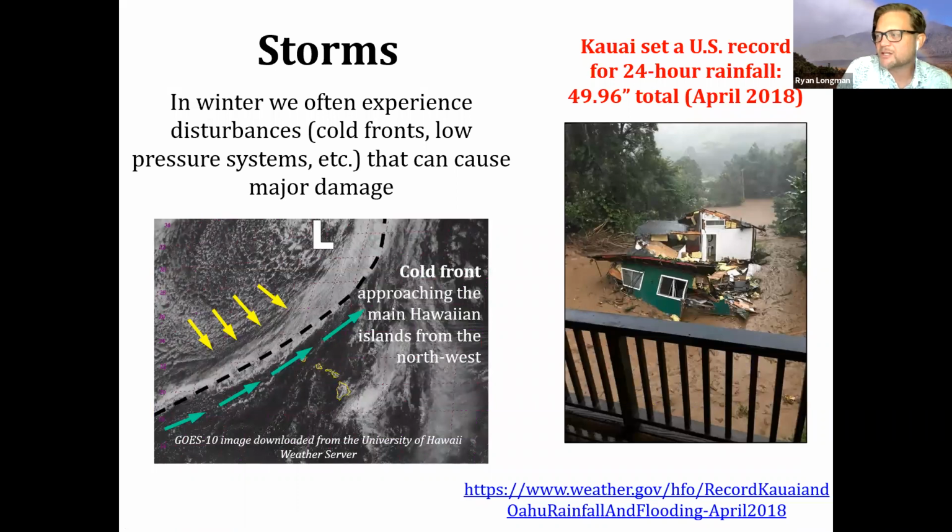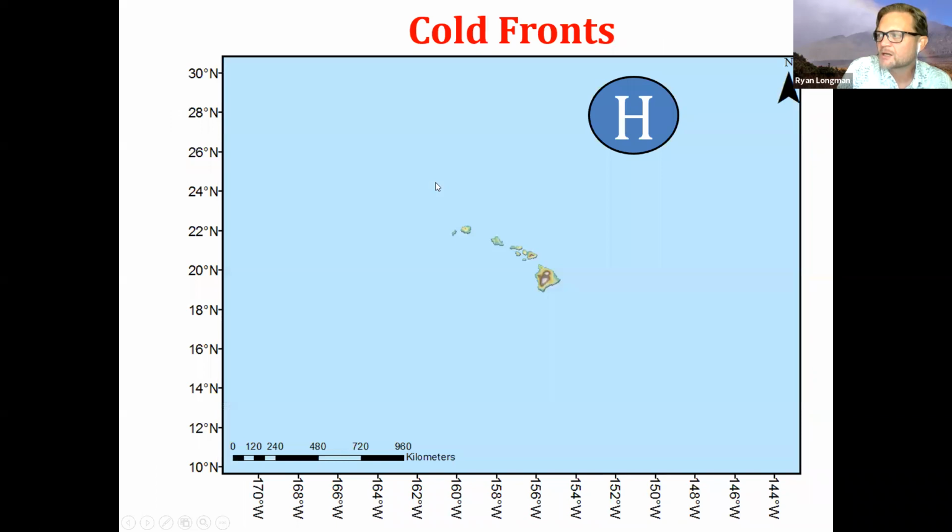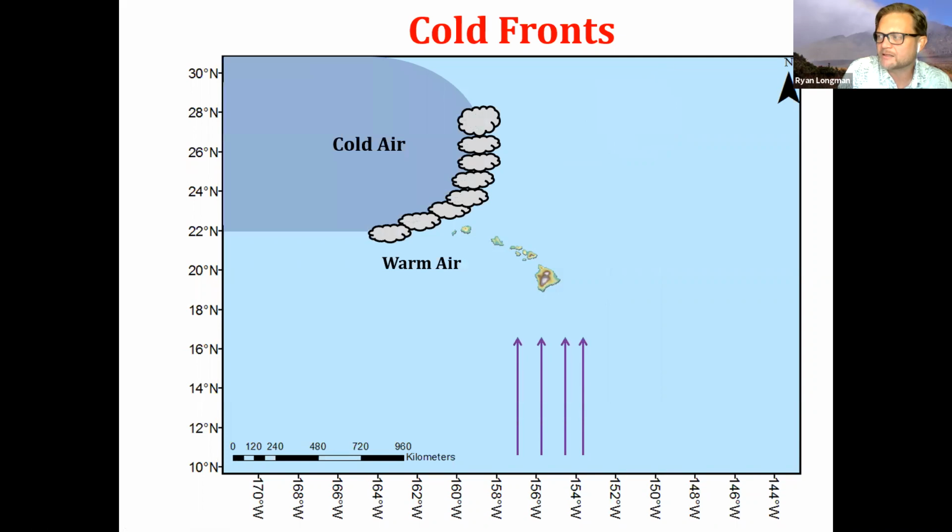Now, a lot of the leeward areas get their rainfall from storms, so low pressure systems that move into the islands. They're not super frequent, but it's enough to bring significant amounts of rainfall over the year. One type of disturbance, we call it a disturbance because it disturbs the normal conditions of this high pressure, is a cold front, and that's just basically cold air moving into the islands.